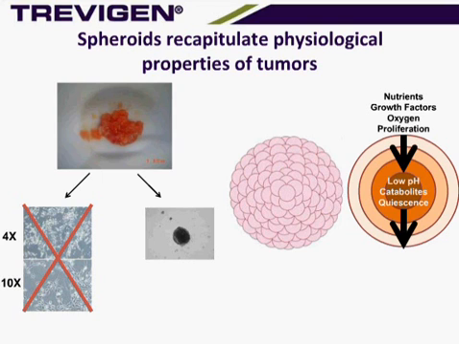And at the same time, within the core of the spheroid, these cells are producing catabolites. They're producing waste products. It's a low pH, very hypoxic environment, and we have the same problem where everything that's produced within the core of the spheroid has to diffuse out, and that's this bottom arrow.